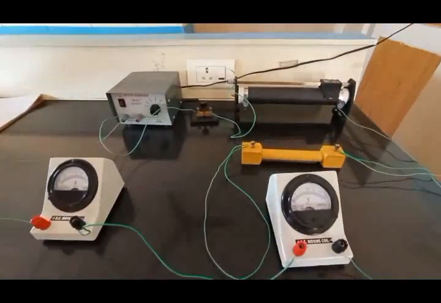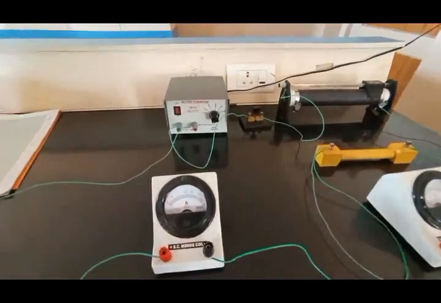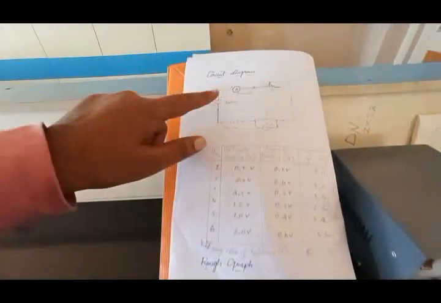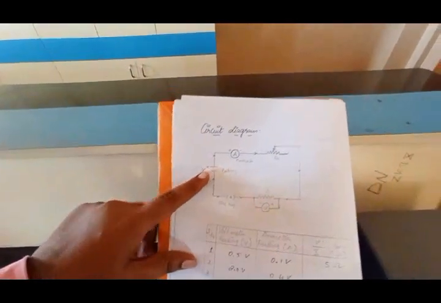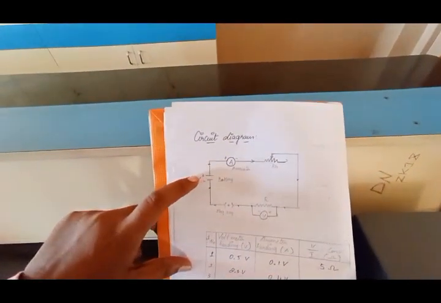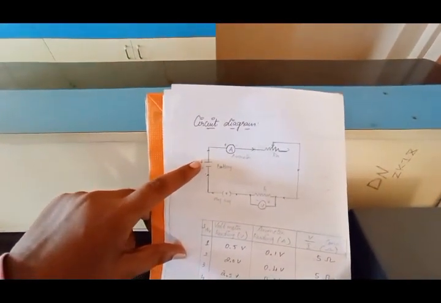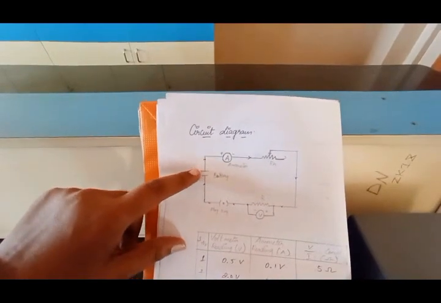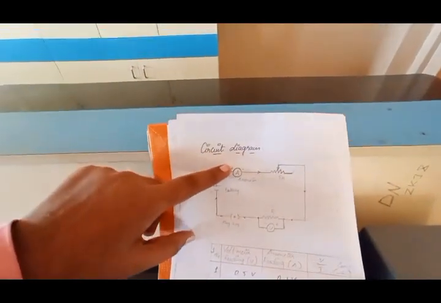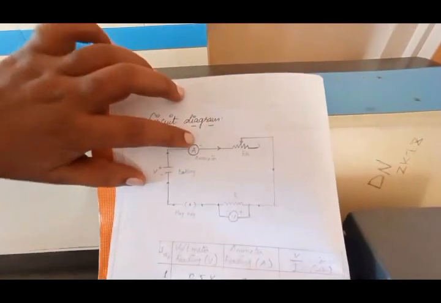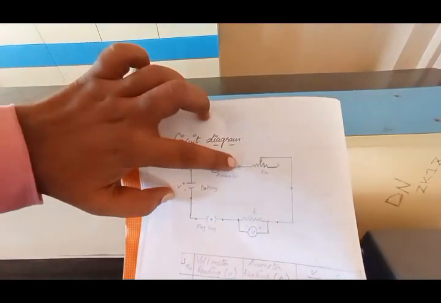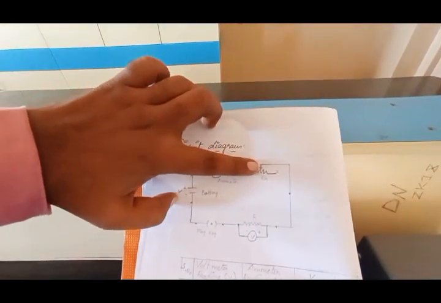And then you can take down your circuit diagram. This is the circuit diagram of the given Ohm's law circuit. Here you can see that battery positive is connected to ammeter positive. Then ammeter negative is connected to the rheostat.